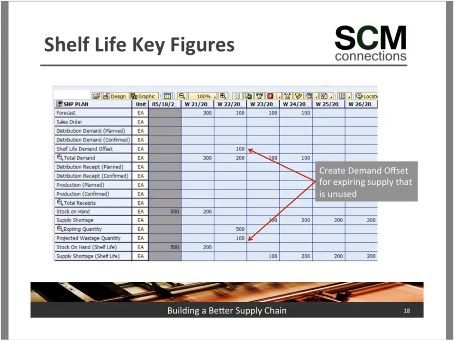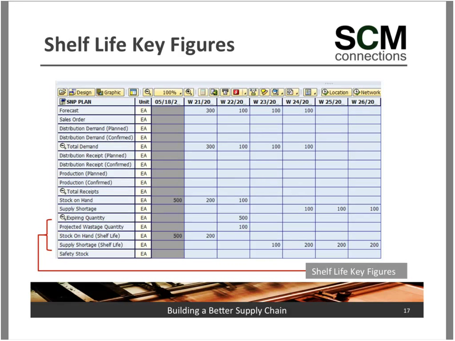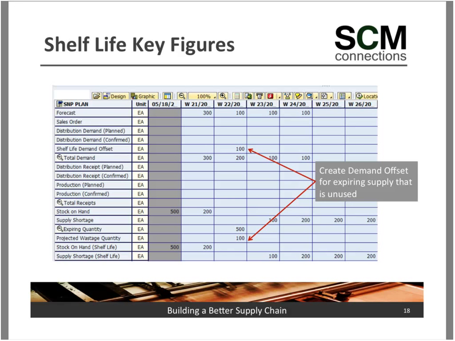Now that you've got this offset, you still see the shortage of 100 and 200. If I go back to the earlier slide, you'll see that you really weren't seeing a shortage because we didn't have this offset of demand being generated. But now that you have it, you see the wastage over here.